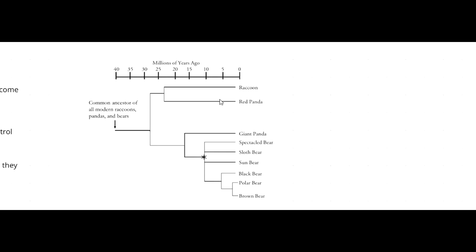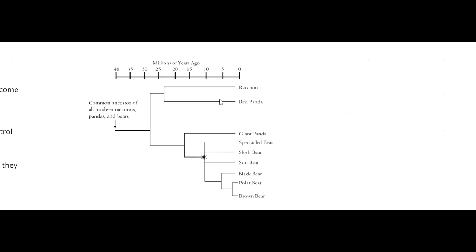That organism evolved to give us two different species. Then these two different species evolved further to give us a raccoon and a red panda. So you can see that despite what you would expect, a red panda shares a common ancestor with the raccoon.